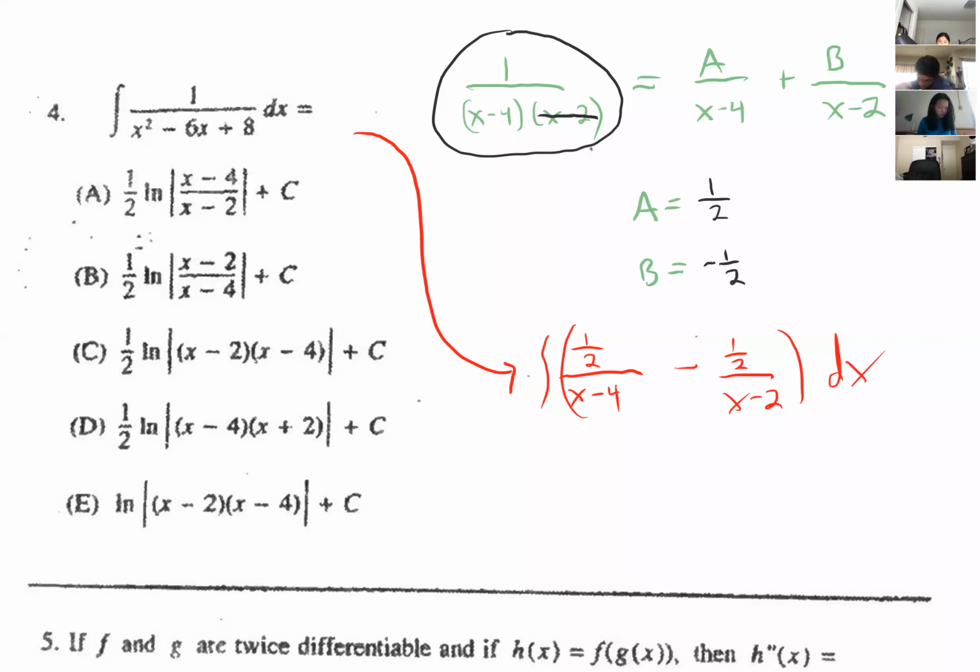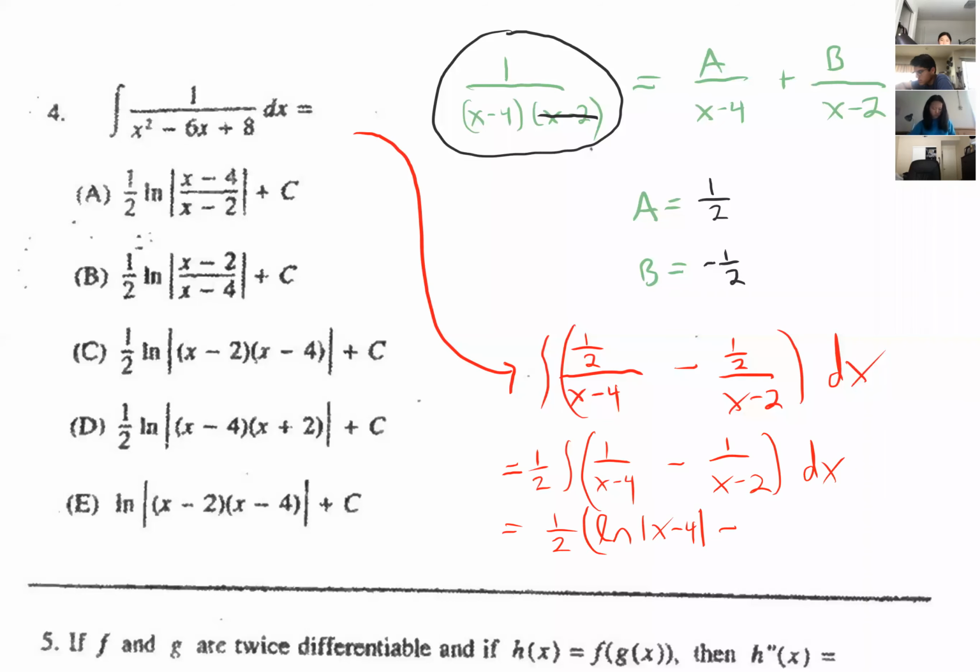Okay, so I'm going to factor out a 1/2. This is 1 over x minus 4 minus 1 over x minus 2 dx. This is going to equal 1/2 times the ln of absolute value of x minus 4, parenthesis, minus ln of the absolute value of x minus 2.